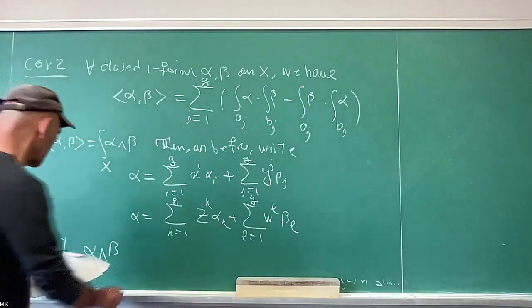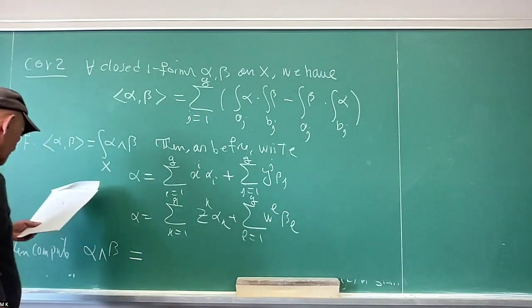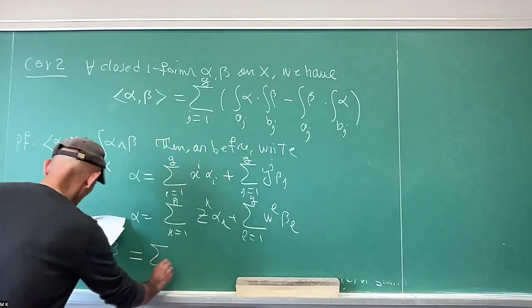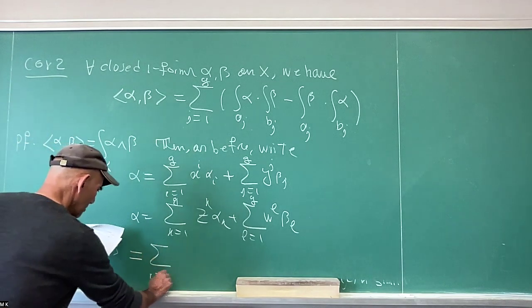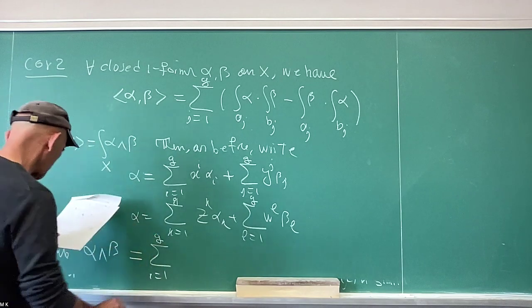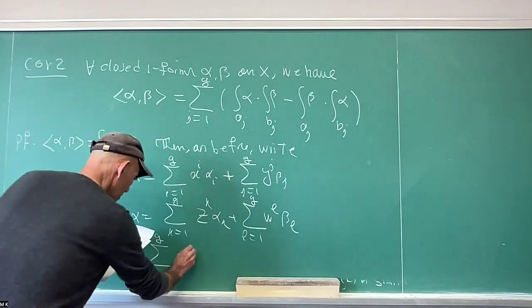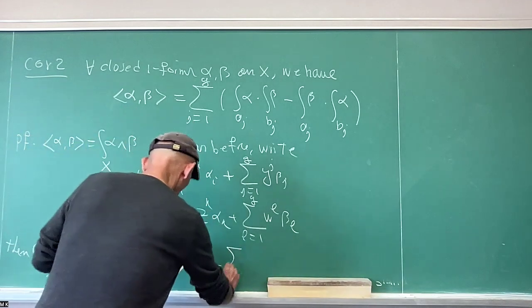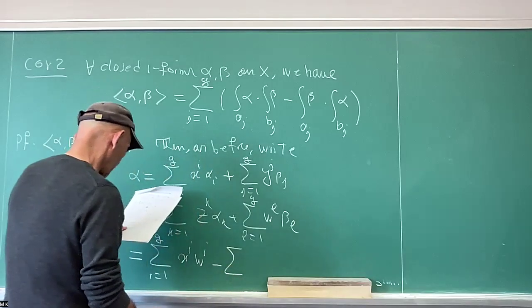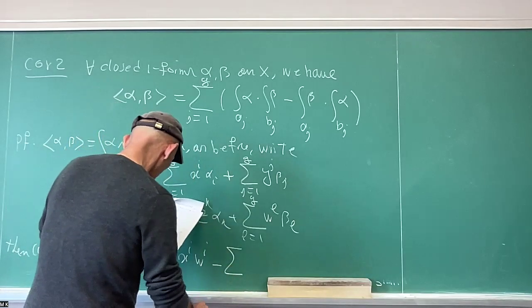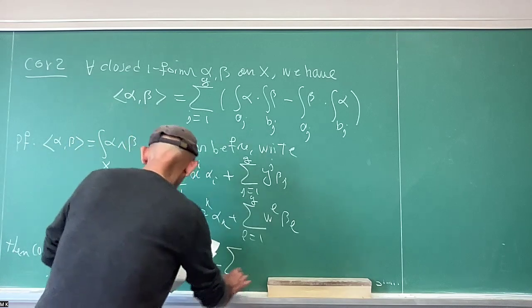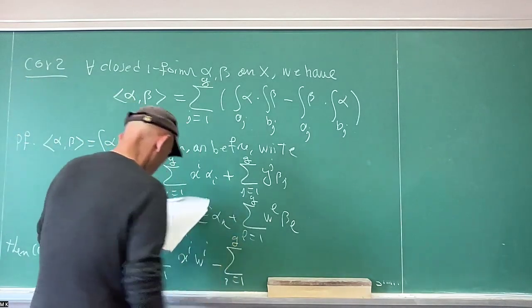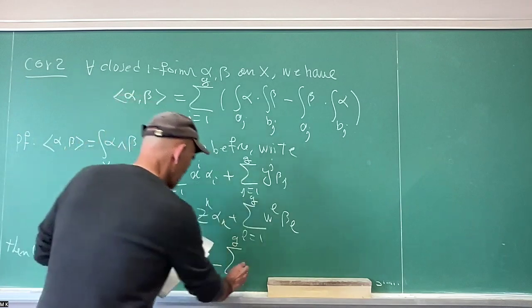The result that remains is basically the sum, i from 1 to g, of xi wi, minus the sum, k from 1 to g, of yk zk.